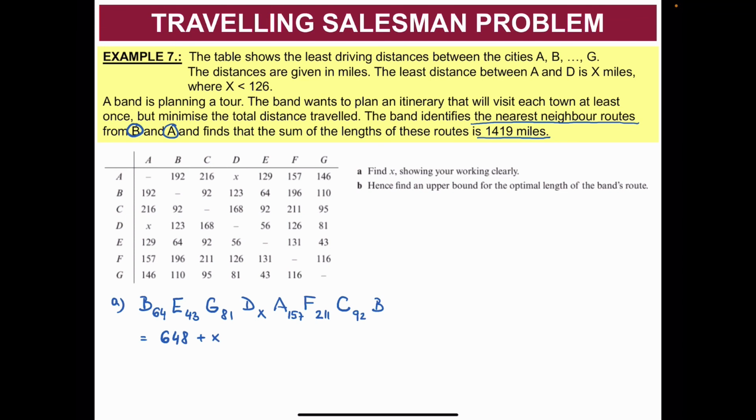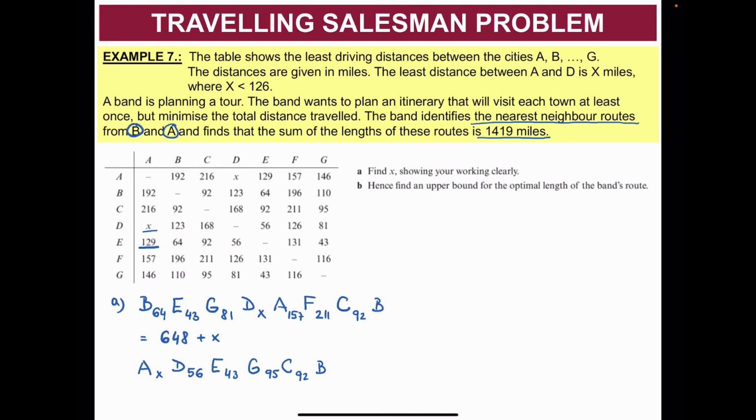The second one, if I start at A, then the smallest one is definitely X, because the smallest value given here is 129, but I know X is less than 126, so X must be the smallest one. And that will take me to D. And then from D, I can go to E. And then from E, I'll go to G, 43. And then from G to C. And then from C, that takes me to B, 92.